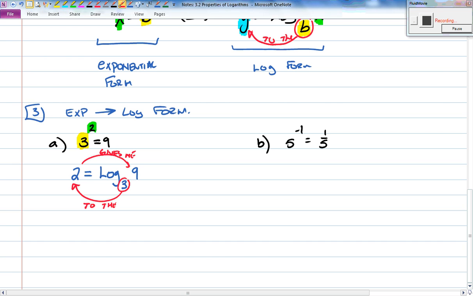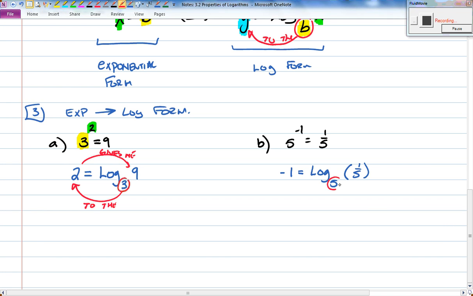Okay, so let's try another one here, and I'll set you guys free on your own. 5 to the negative 1 equals 1/5. This is an exponential equation, exponential form. So I'm going to start with the exponent, okay? Negative 1 equals log base 5 of 1/5. And then I'm going to check to make sure that I'm right.